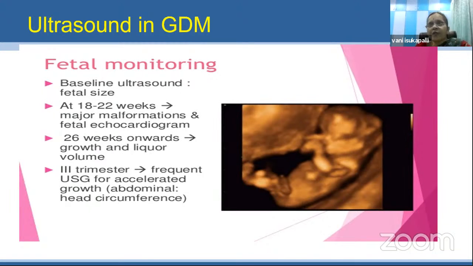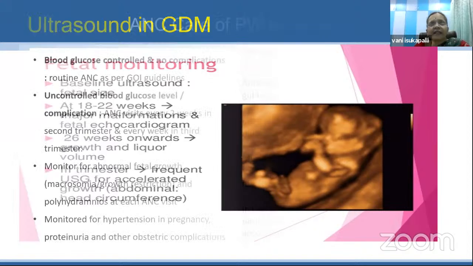Then from 26 weeks onwards, regular and periodic scans for the fetal growth and also for the amniotic fluid. Both are highly essential. And the third trimester scan, again for liquor and any accelerated growth to prove or disprove that macrosomia is complicating. So periodic scans are a rule.